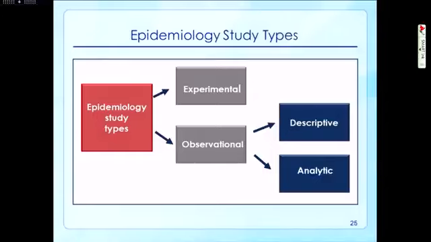In a descriptive study, the epidemiologist collects information to characterize and summarize the public health event or problem. In the analytic study, the epidemiologist relies on comparisons between groups to determine the role of specific causative conditions or risk factors.